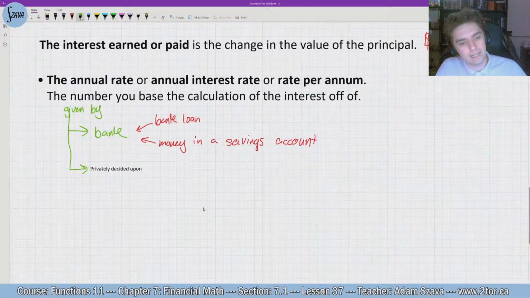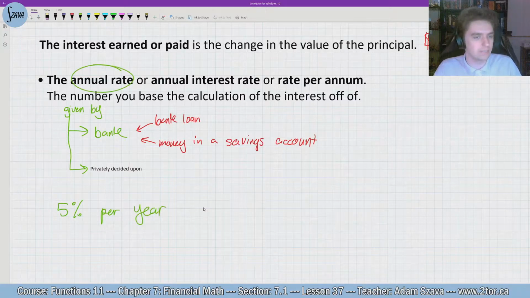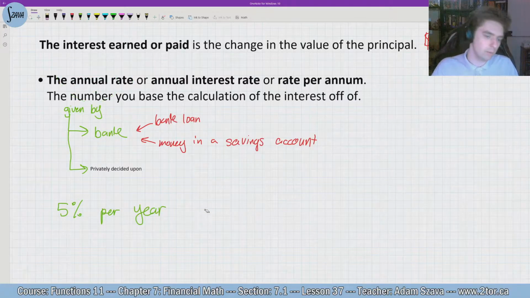So when I say the interest is, let's say, 5% per year, the annual interest rate is always given per year, even when we make calculations that are not on a nice yearly basis.